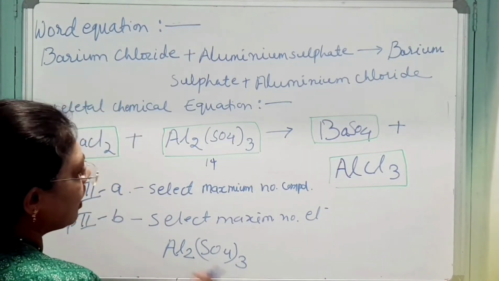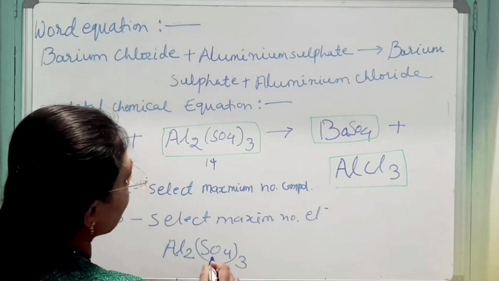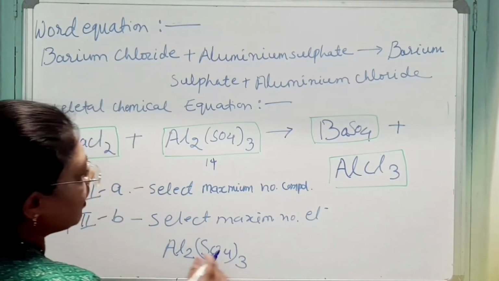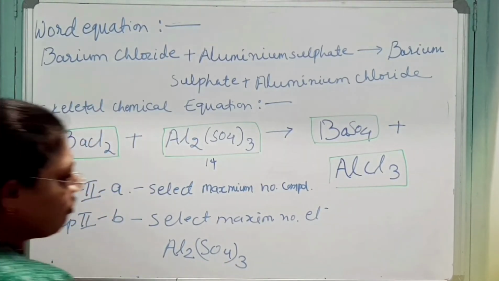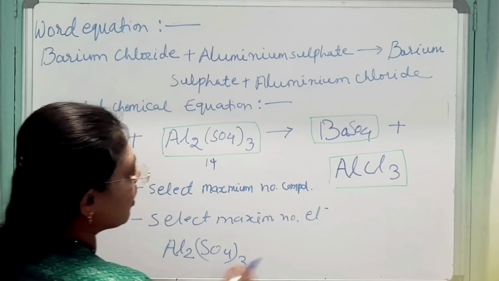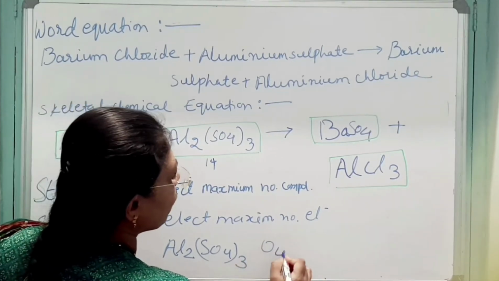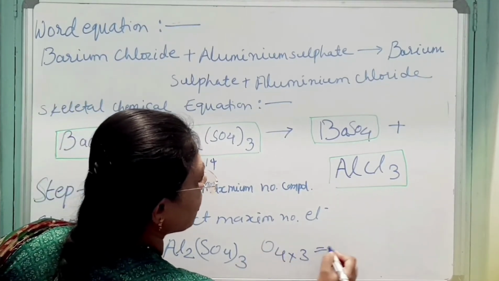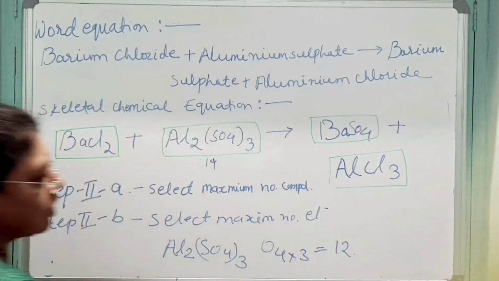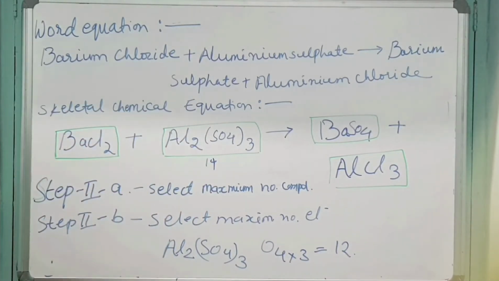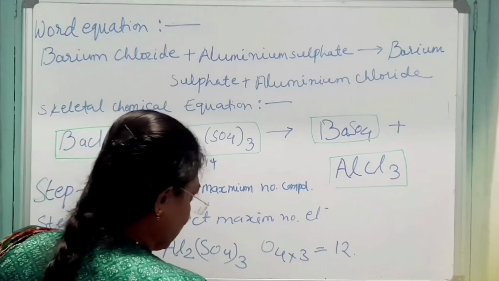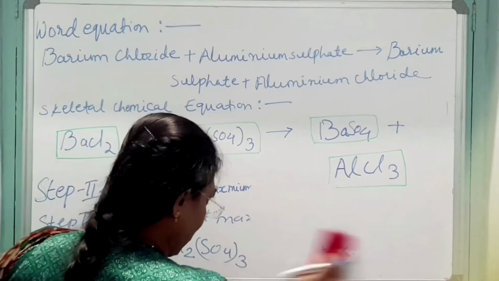Can you see which element has the maximum number of atoms? You can see oxygen: 4 into 3, so it has 12. So oxygen is the element with the maximum number of atoms, and we will start balancing from oxygen.